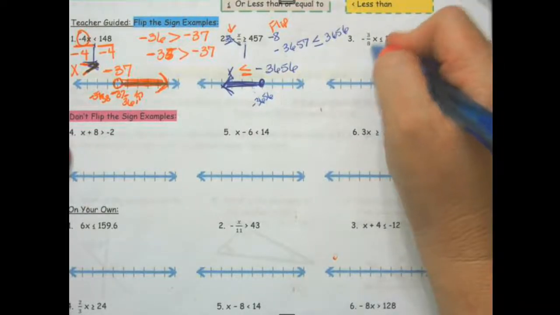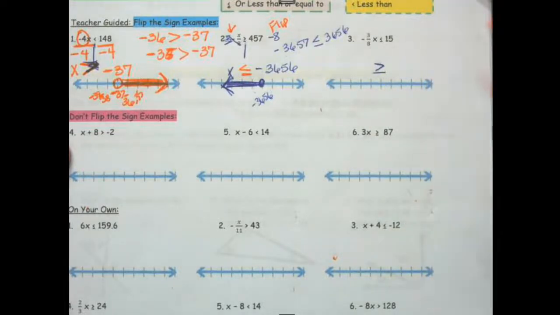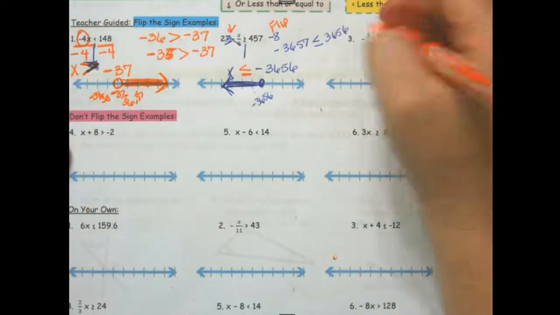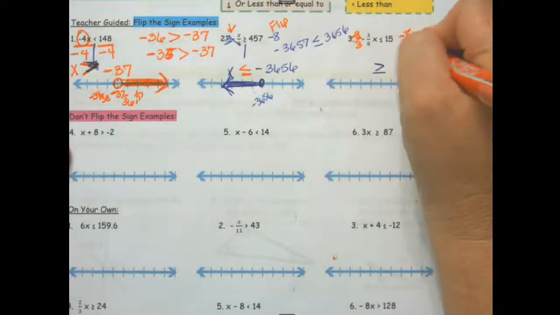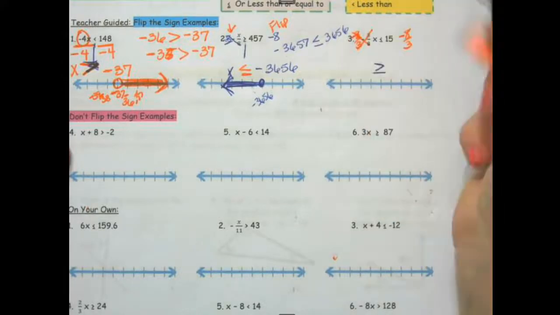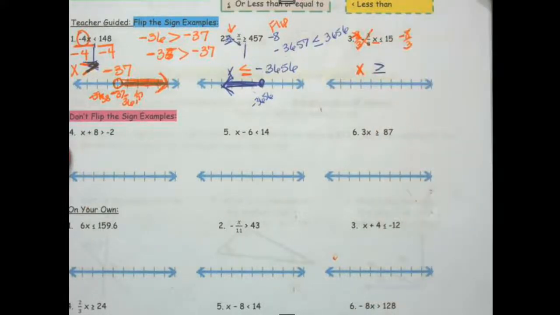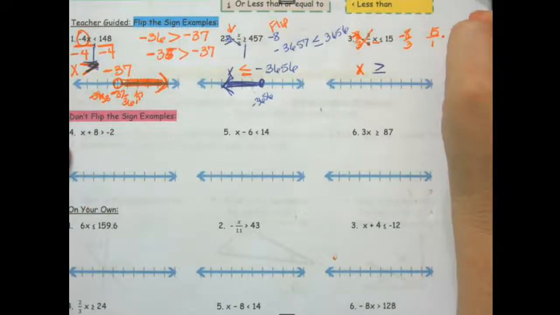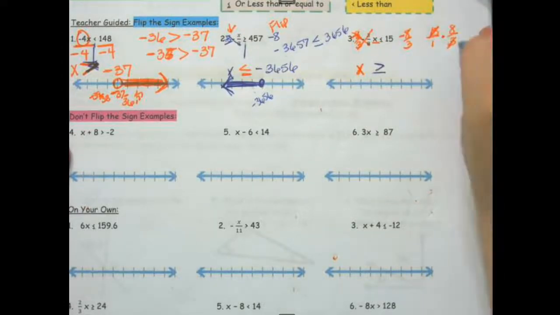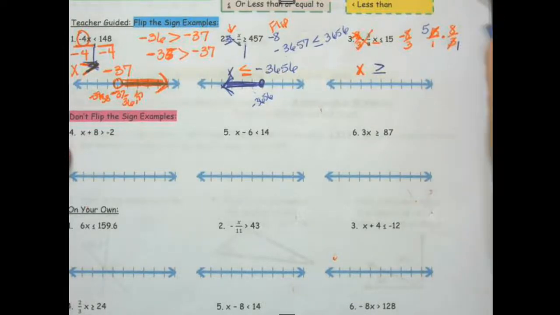I am dividing by a negative, so I am going to flip. And I'm going to multiply by the reciprocal. So negative 8 over 3, negative 8 over 3. These cancel out. So I have x on this side. 15 over 1 times 8 over 3. Those cancel out. 1 and 5, I divide both of them by 3. 5 times 8 is 40.